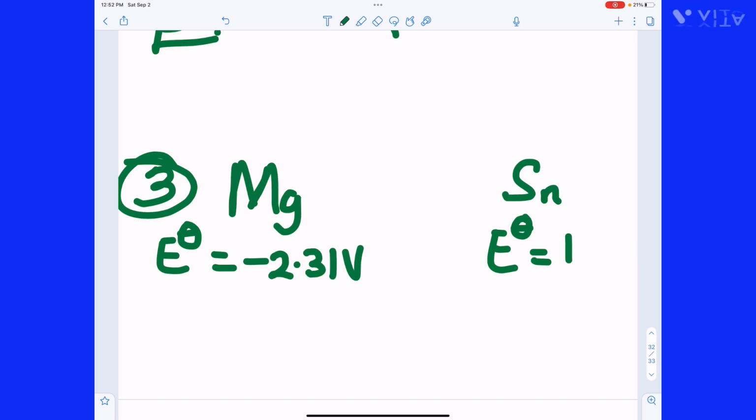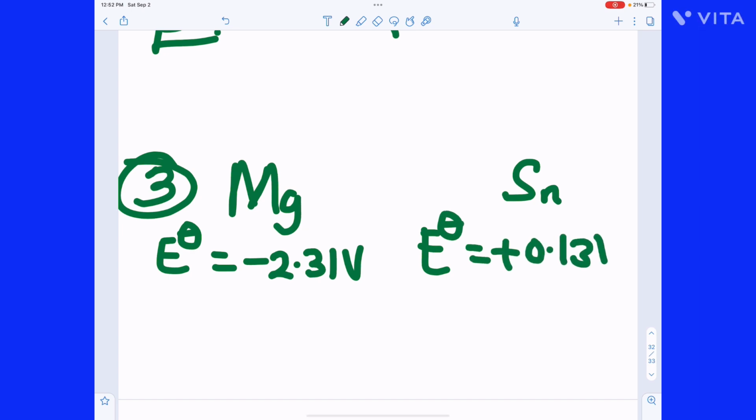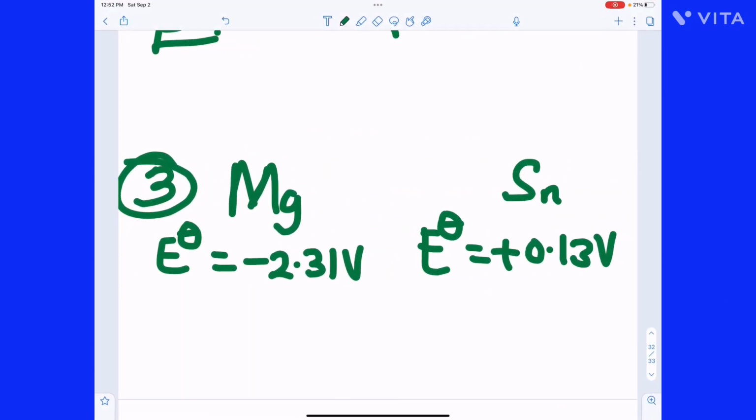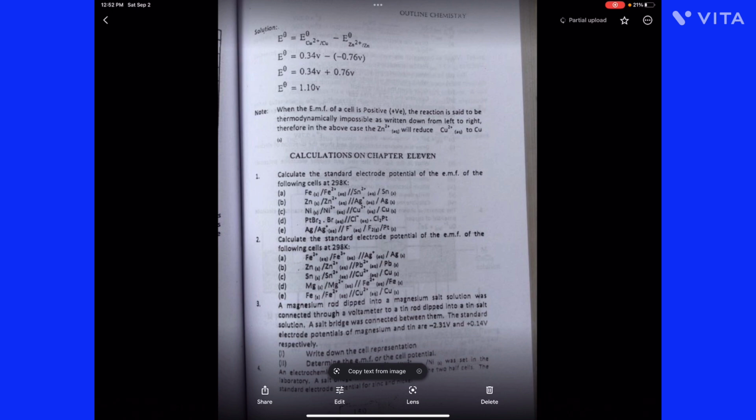Let me write that well so it can be clear. Standard electrode potential of tin is plus 0.13 volts. So let's go back to our question. Magnesium and tin. Okay, plus 0.14. Let me correct that: plus 0.14 volts and minus 2.31 volts.